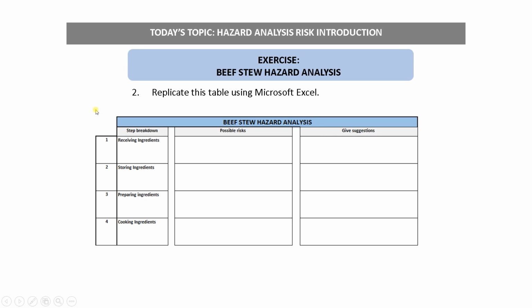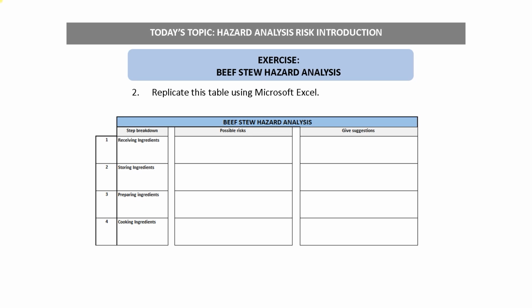It should be composed of 3 columns and 4 rows. The first aspect that you will have to answer is receiving ingredient. The second will be storing ingredient. The third one will be preparing ingredients. And the fourth one will be cooking the ingredients.